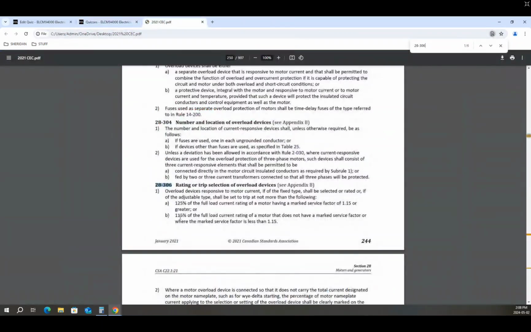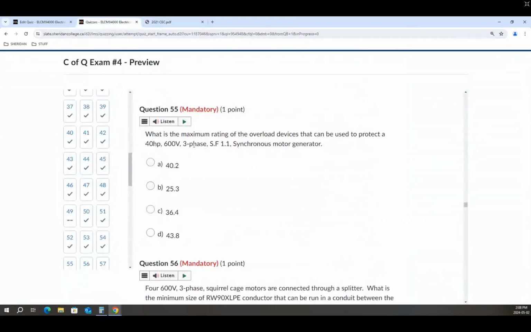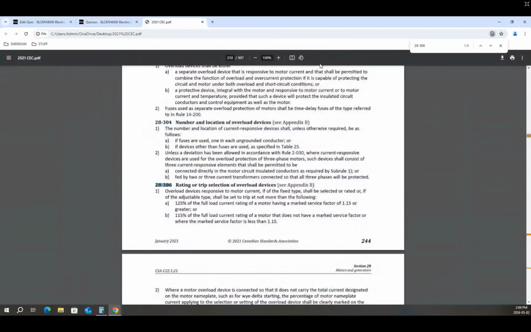And my service factor is 1.1. So my multiplier is going to be 115%. So I need the FLA for a 40 horse, 600 volt. Table 44.